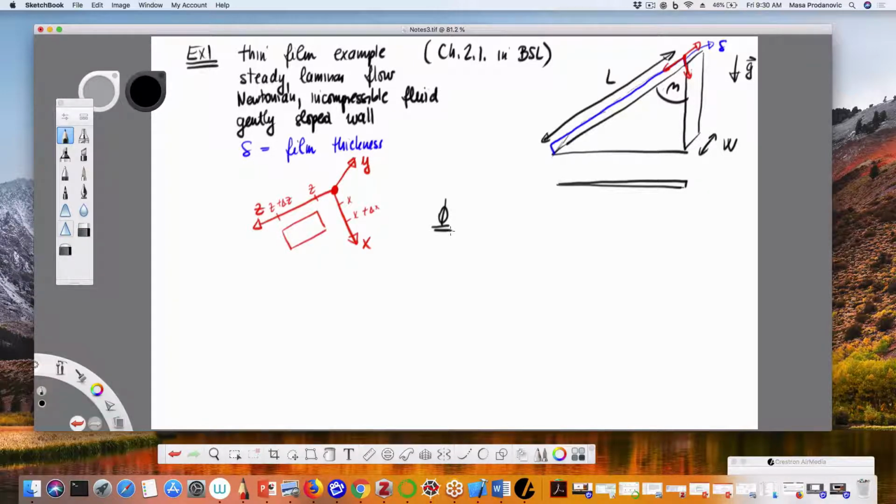Anything that has to do with y, I'm going to ignore, so I'm ignoring the y direction. The ones that are doing anything are phi xx, phi xz, phi zx, and phi zz. Everybody agrees? So those are relevant here. Y is ignored, because everything is the same in that direction.